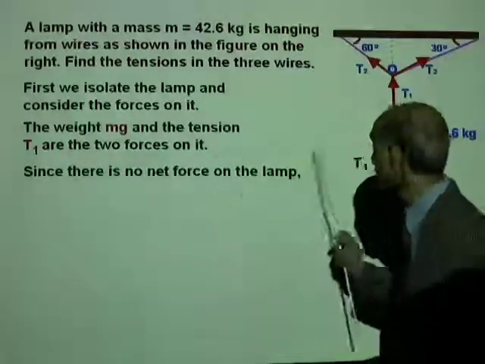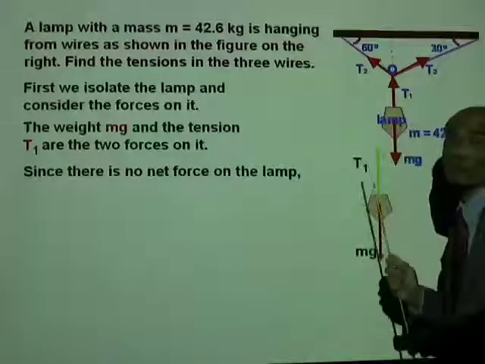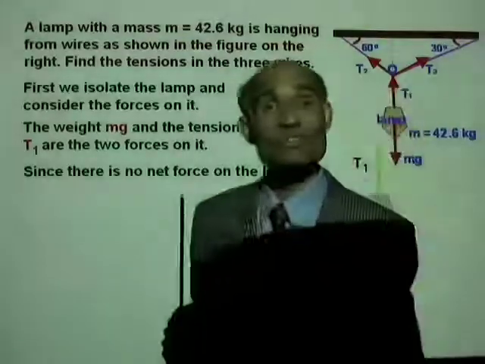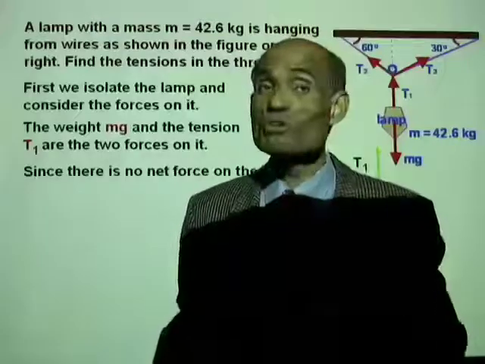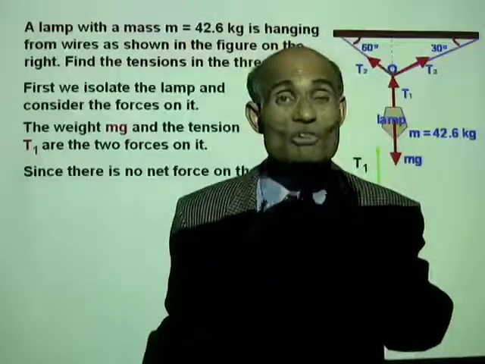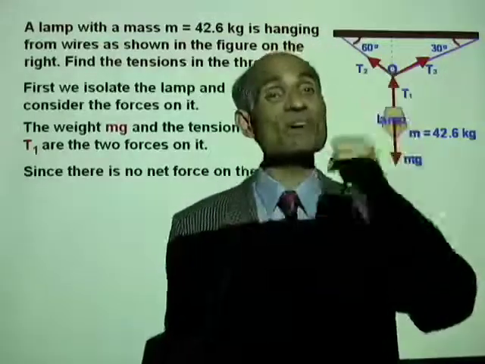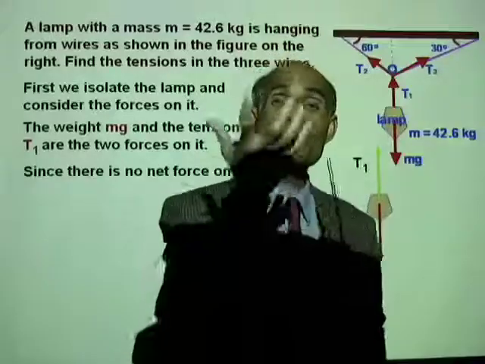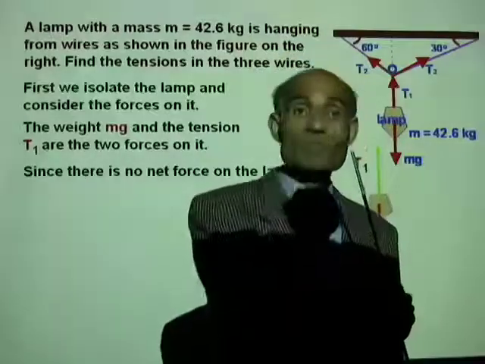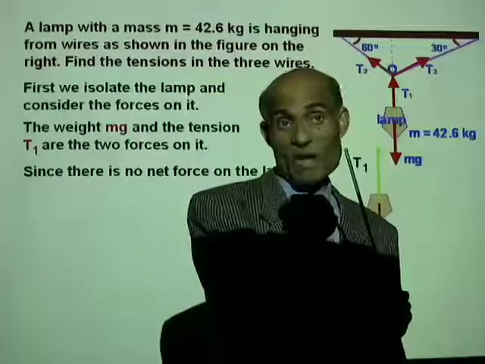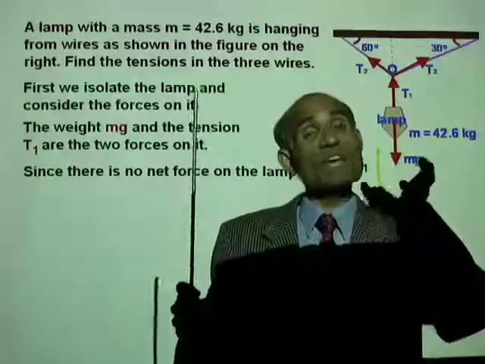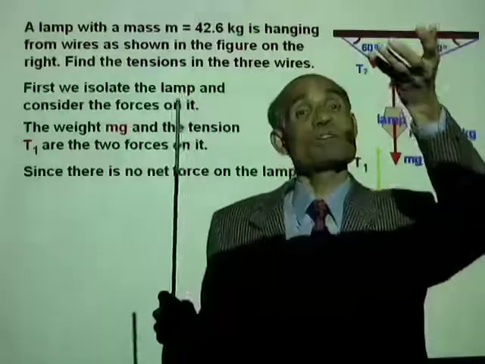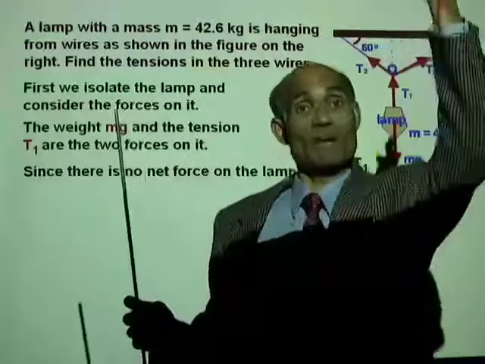Is there a net force on the lamp? How do you know? Well, if there is a net force, there will be an acceleration. If there is a net force downward, well, heaven help us, the whole thing will fall down. If there is a net force upward, well, of course we will go to heaven then.